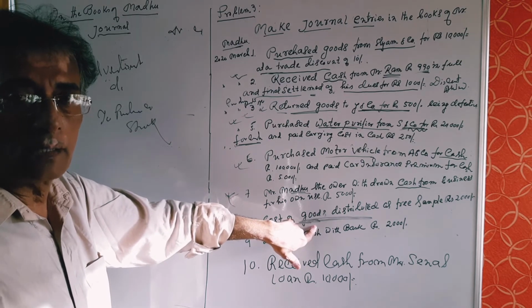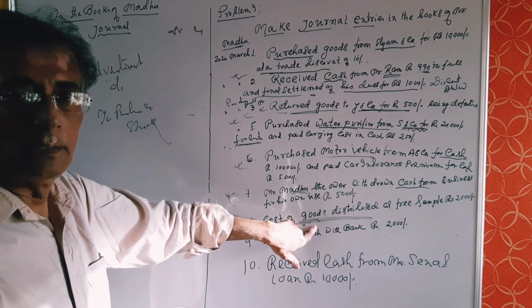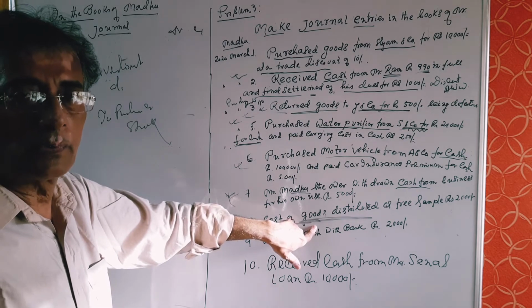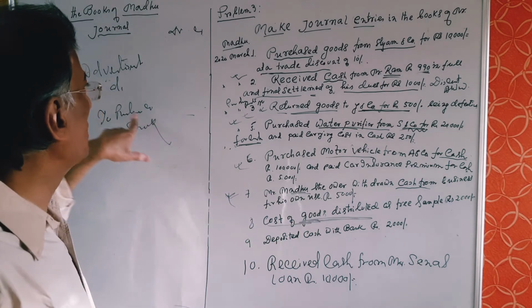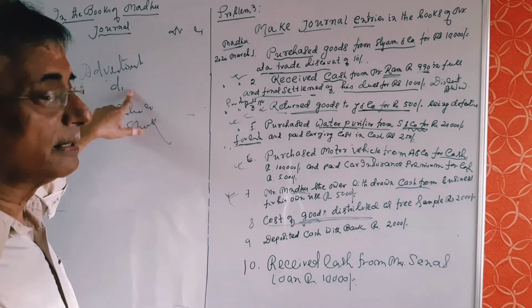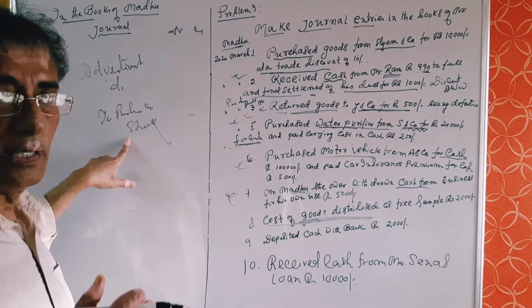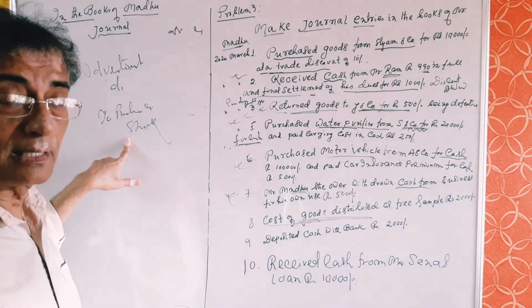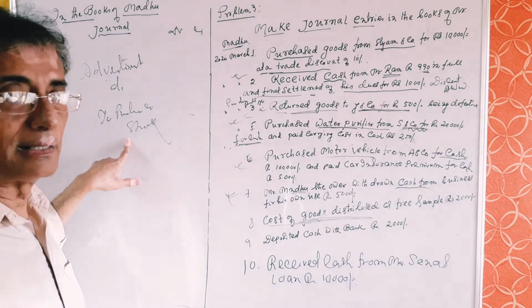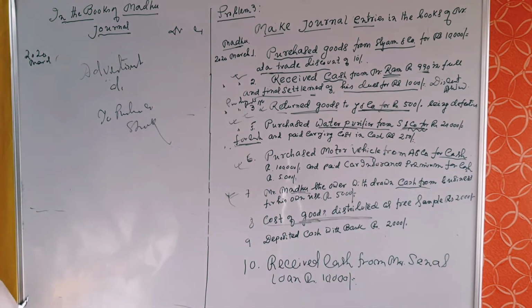Before launching a product in the market, they distribute samples of their product free of cost to the prospective customers. So we should debit advertisement account in this transaction, and credit, this is not given in cash, this is given in kind. So purchases account or stock account will be credited. So what will be the journal entry?